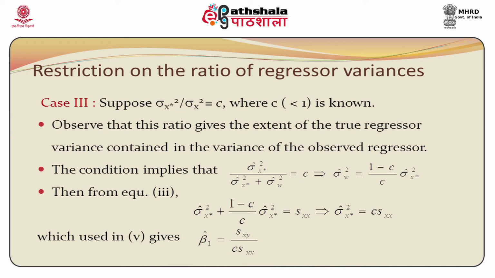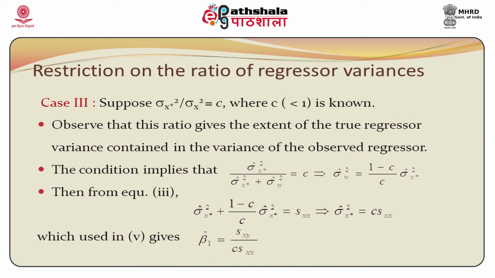Now, one advantage of this third case over the first and the second is that in the first and second case, we have to have some idea of what the error variance is like, and very often this is difficult to gauge. In the third case, we are not saying exactly what the variances are to be like. We are only saying that sigma x star square by sigma x square is c.